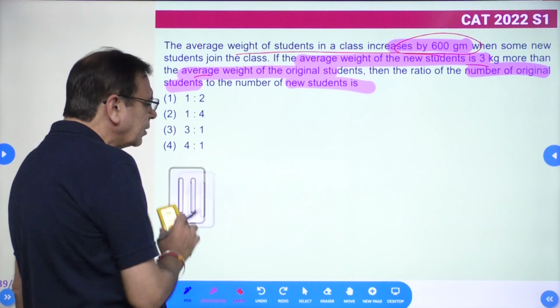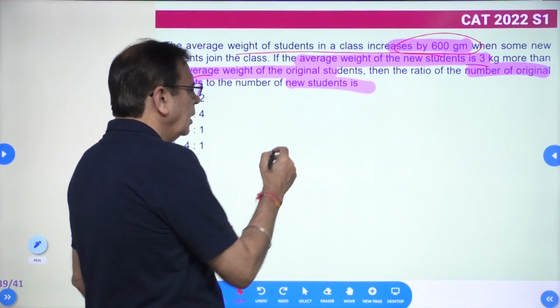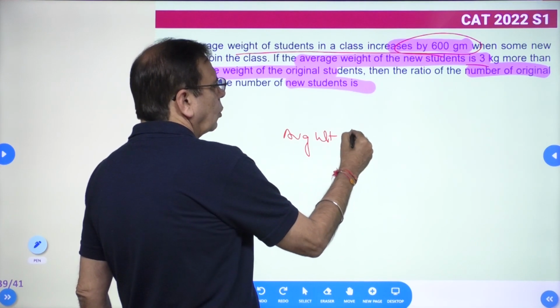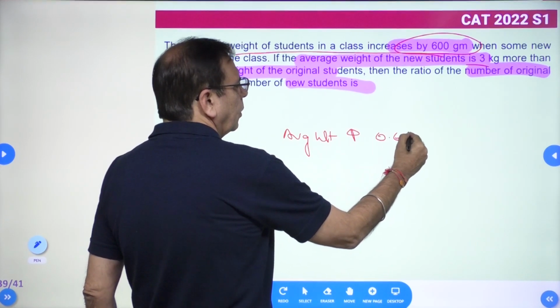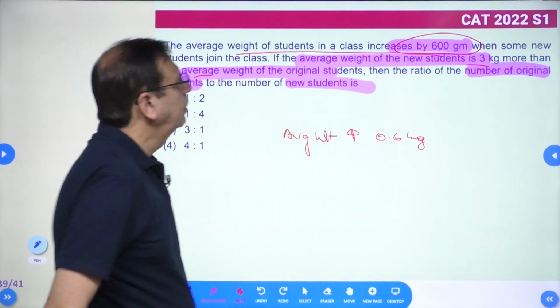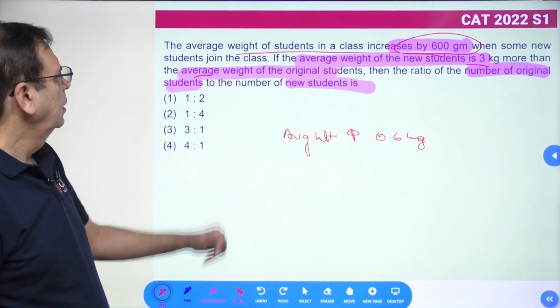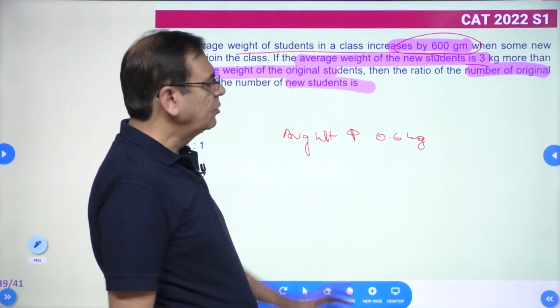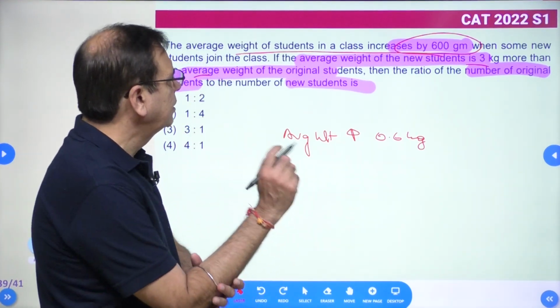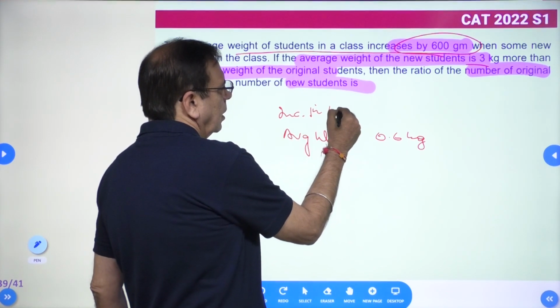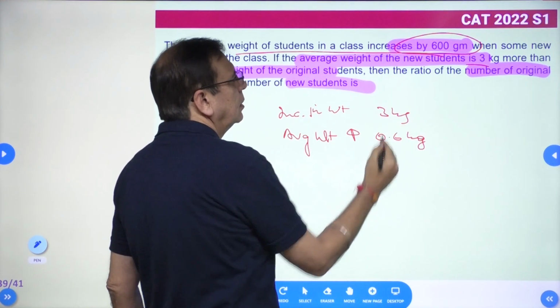When you're looking at the second method, ask yourself, the average weight has gone up by 0.6 kg. Average weight has gone up by 0.6 kg. The increase in weight is 3 kg.